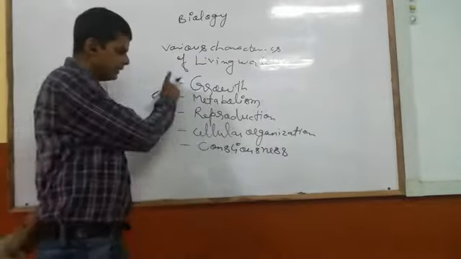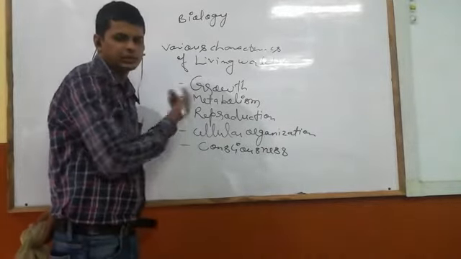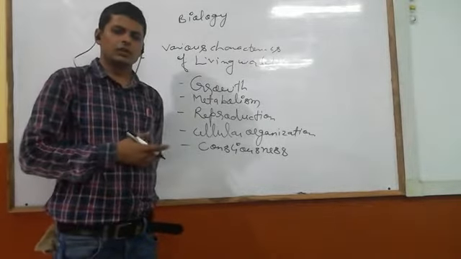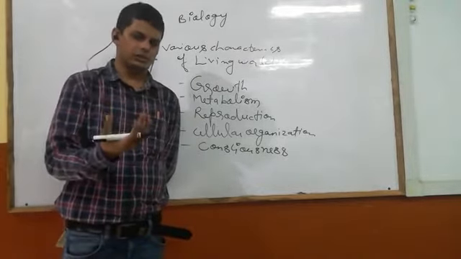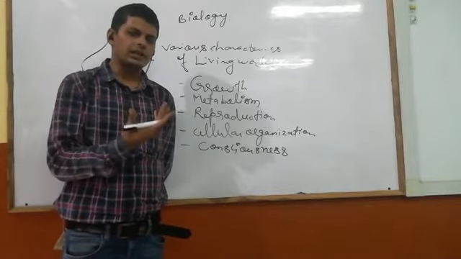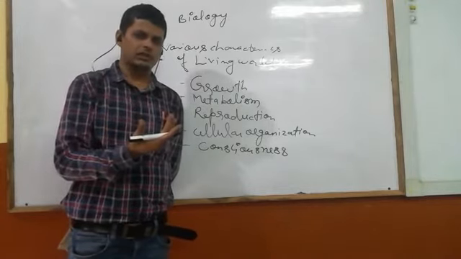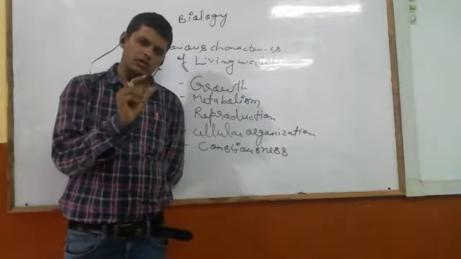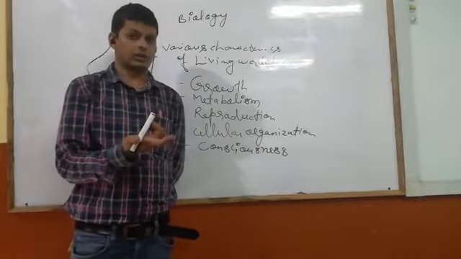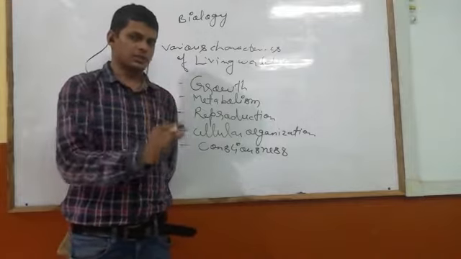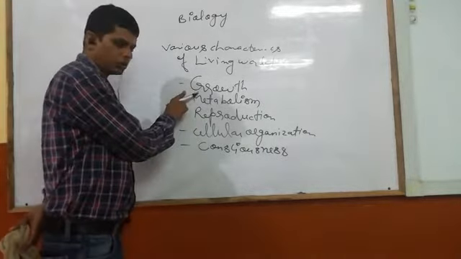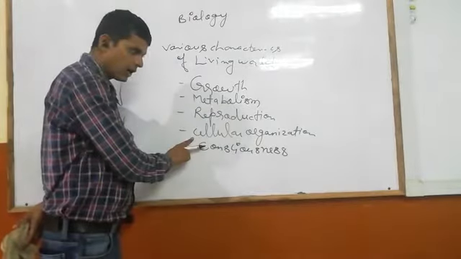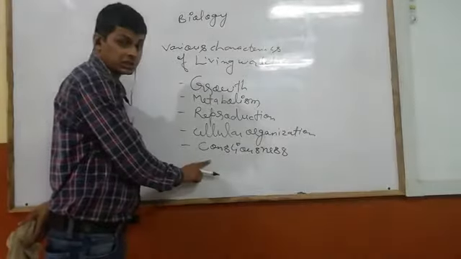These are mainly the five characteristics. Some books list different ones, but don't worry, you only need to learn what life is and the various characters of living things. Lifespan is from birth to natural death. The characters are growth, metabolism, reproduction, cellular organization, and consciousness.